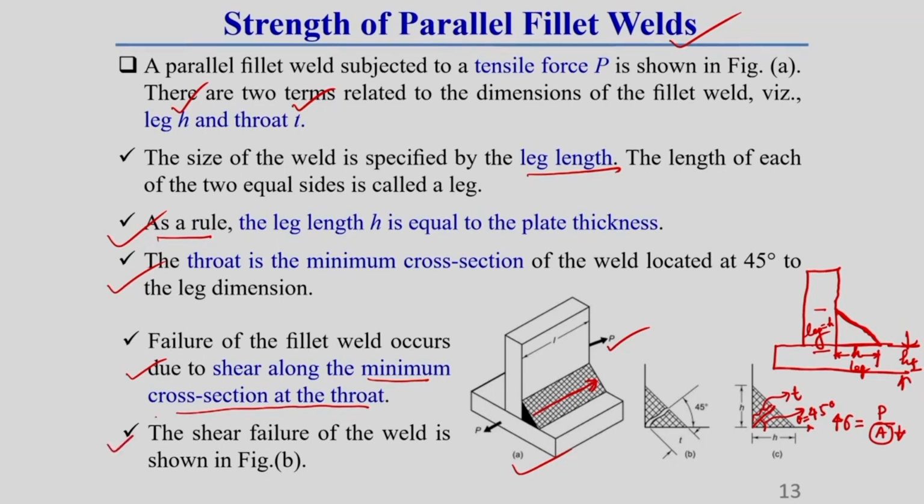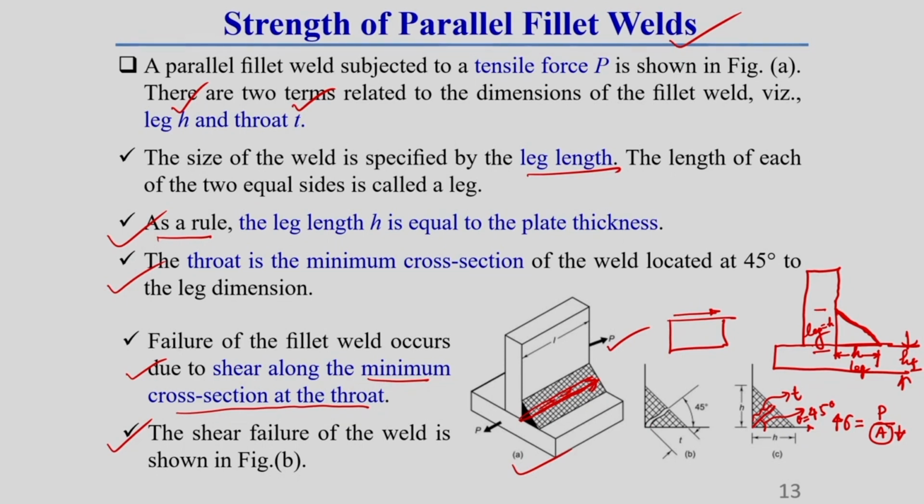So, the shear failure of weld I am showing here. Why is it shear failure? Because whatever area we get in this throat thickness will be subjected to a force which is parallel to the surface. Once a force acts parallel to the surface, the stress developed is called shear stress.